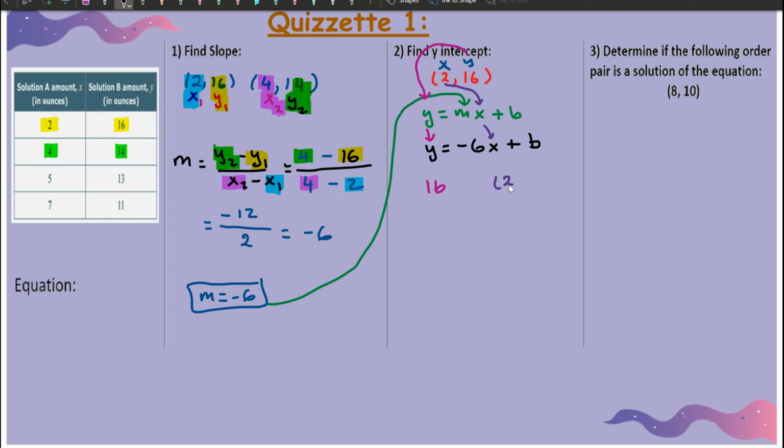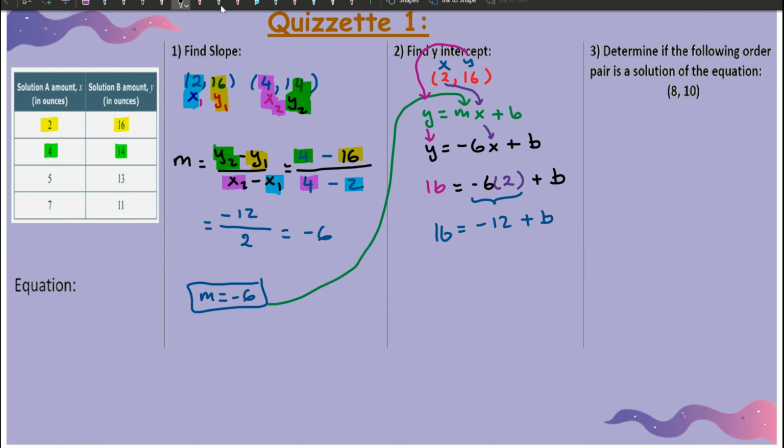Then we bring down the rest: negative 6 times 2 plus b. I hope someone turns on the volume to know that this is my b, it's not the 6. Quite often I have students mistake my b for a 6. It is b. So negative 6 times 2 is negative 12, plus b equals 16.